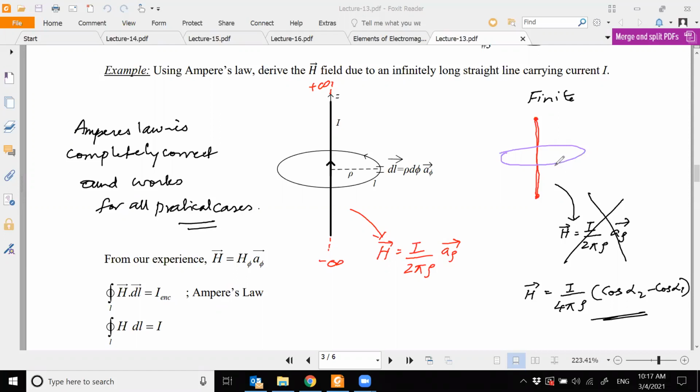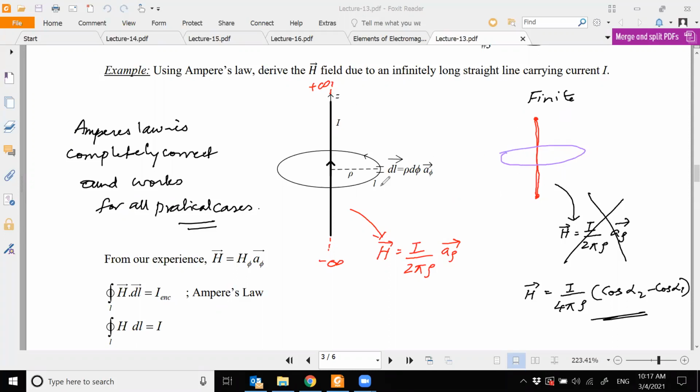Now, do you think this kind of finite wire can exist in our practical case? Our practical case actually does not involve an infinite wire at all, only finite.